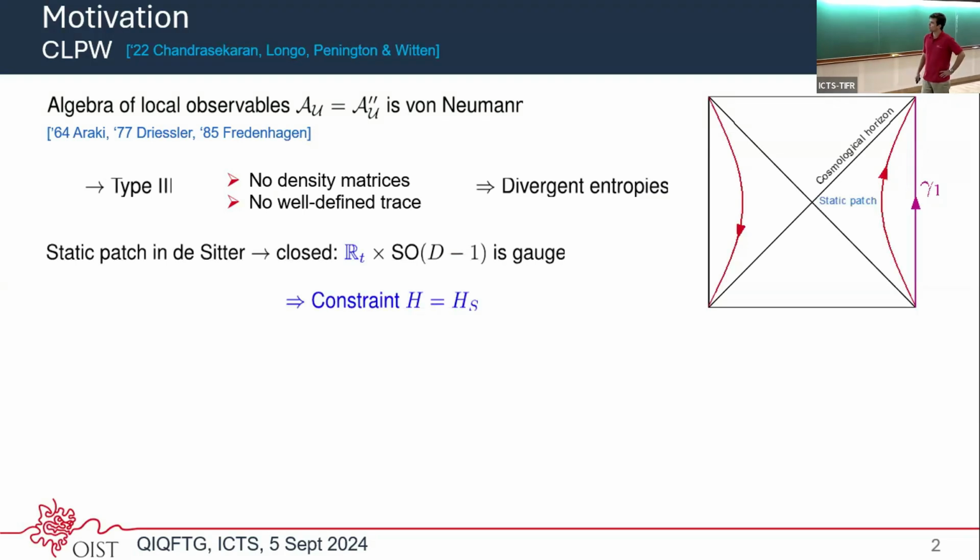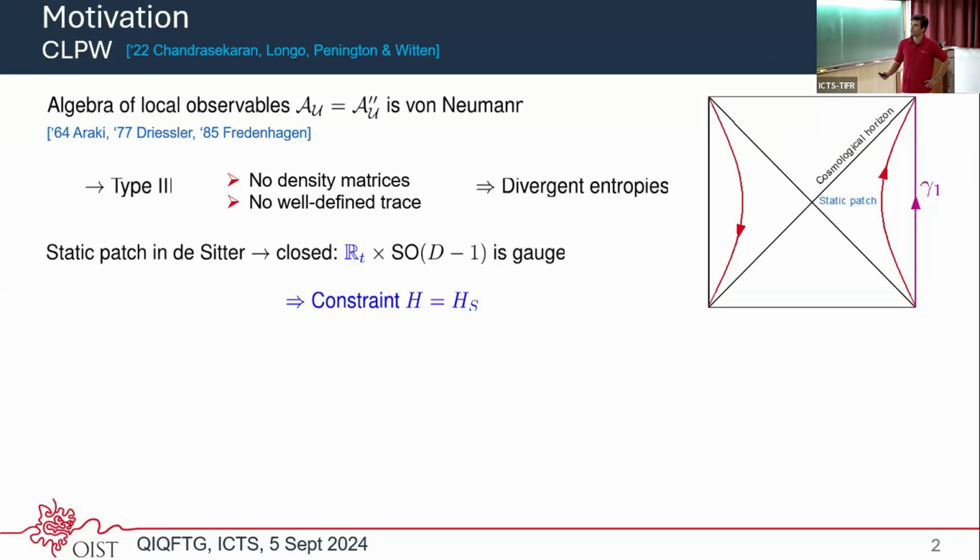So what they did in the CLPW paper is look at de Sitter space, and concentrate on the static patch. Since that is a closed universe, with compact slices and no boundary, the broken gauge group along the world line of the observer has to act as a constraint on our states and our algebra.